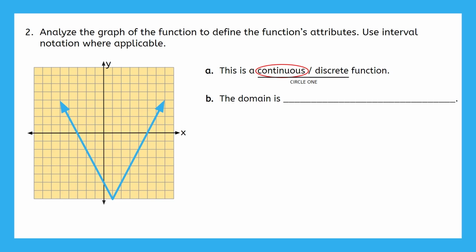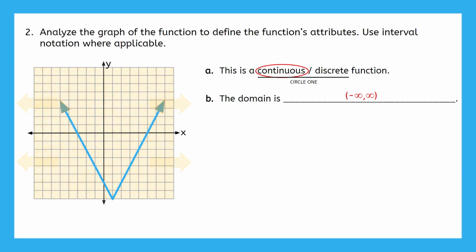We know this because of these arrows on the function indicating that the lines will continue forever in each direction. Our interval has curved brackets since negative infinity and infinity are concepts rather than actual numbers to include in an interval.